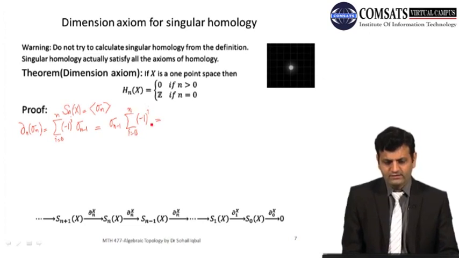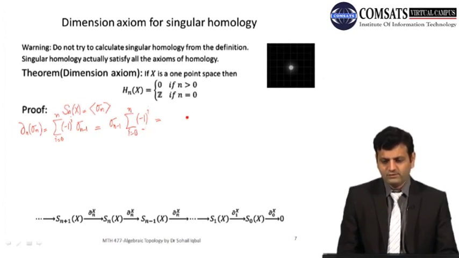So if I am adding these powers of minus 1, then what is the answer? Okay, so let's try to see. If I add one element, minus 1 to the power 0 is 1, so I am going to get 1. So for n equal to 0 I have 1.